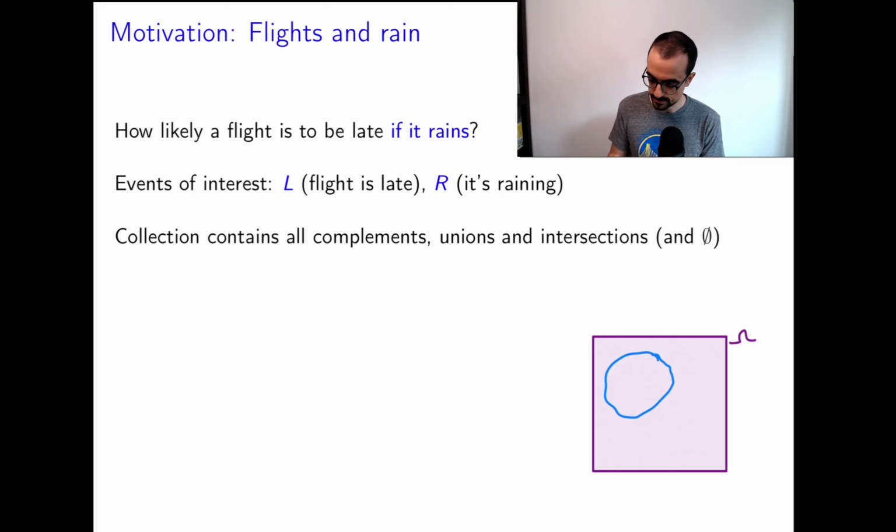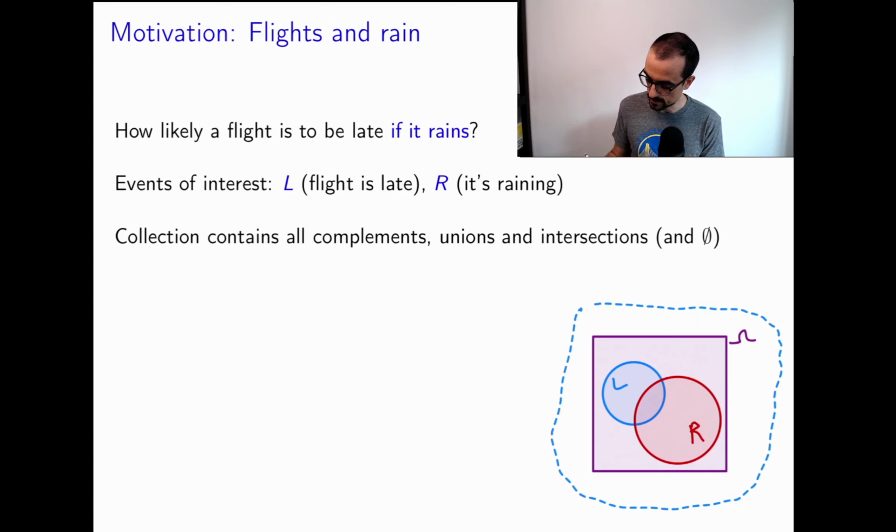This would be L, and this is going to be R. Let me annotate them. So this is R, and this is L. Okay, and I'm going to save this figure for later because it might come in handy.